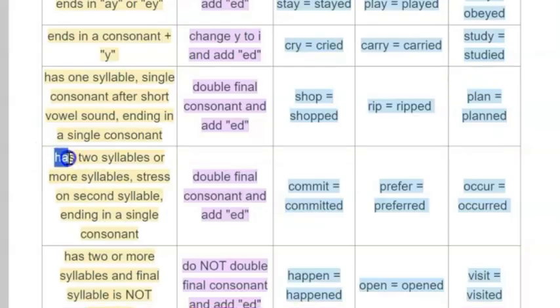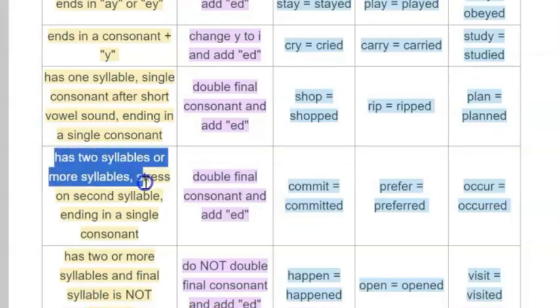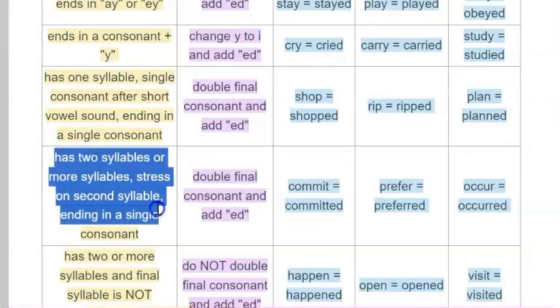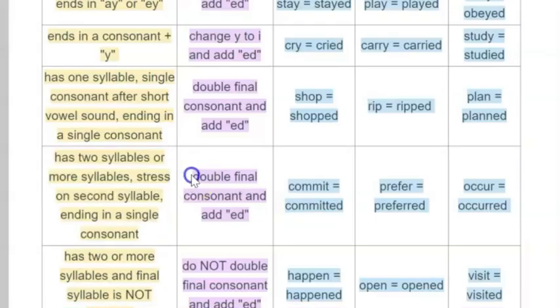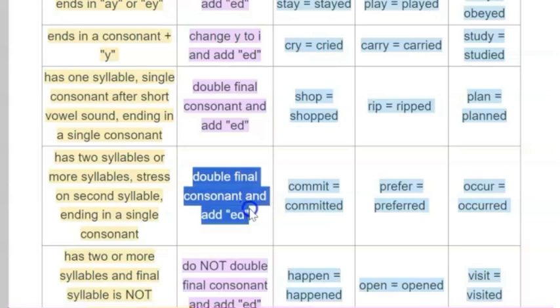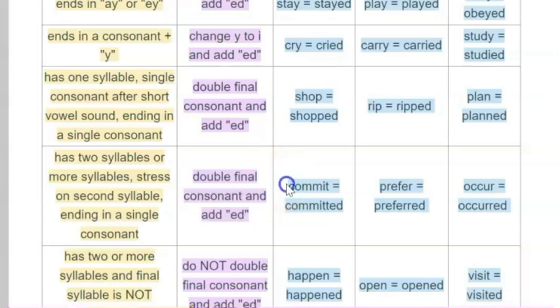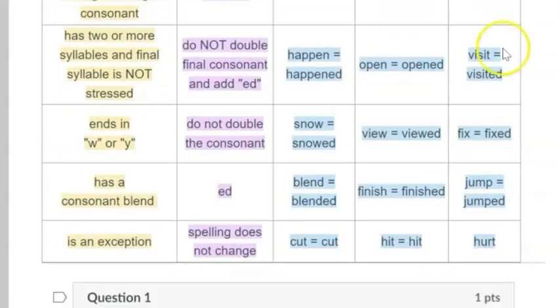When the verb has two or more syllables, with stress on the second syllable, ending in a single consonant, then we double the final consonant and add ed, such as commit turns to committed, prefer turns to preferred, and occur turns to occurred.